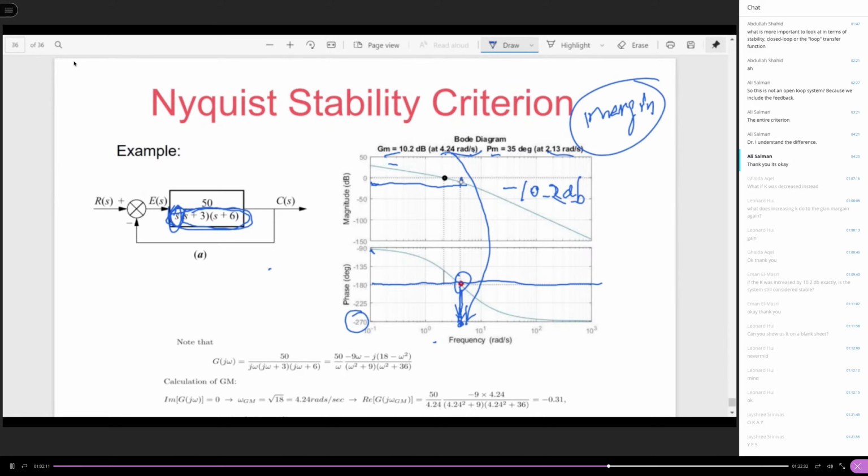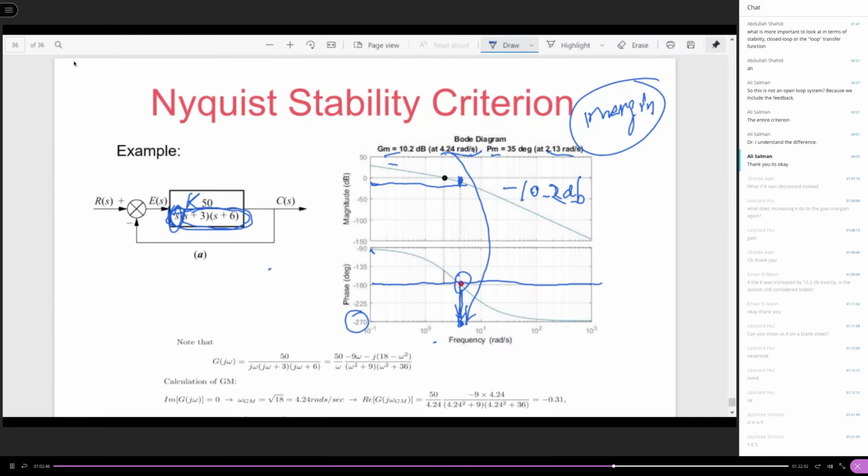So the gain margin is 10.2 dB, which means you can increase the gain K by 10.2 dB, no problem. It will not jeopardize the stability. But if it goes higher than that, you jeopardize the closed-loop system stability. The closed-loop system will not be stable.